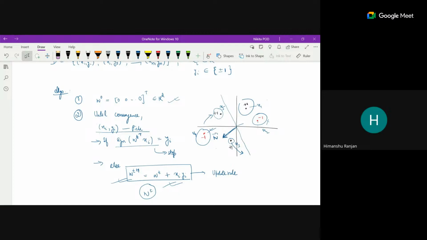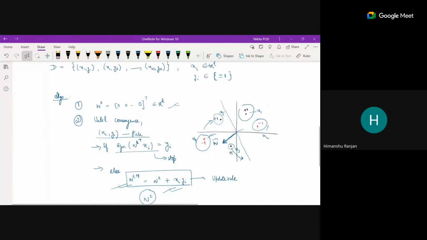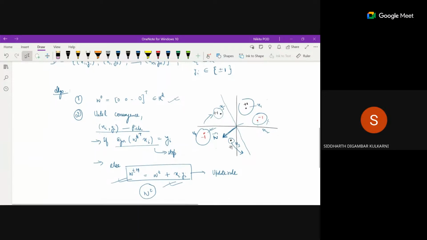Ma'am, in this case there are so many misclassified points. This is not a linearly separable data set, the one which you have drawn. That's true. So this algorithm will not work for this.